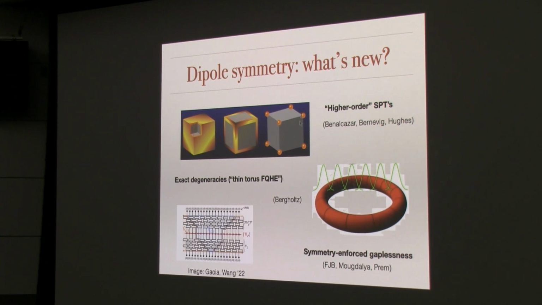Okay, these are called higher order symmetry protected topological phases, and in some qualitative sense, they're kind of dipolar-like cousins of topological insulators.